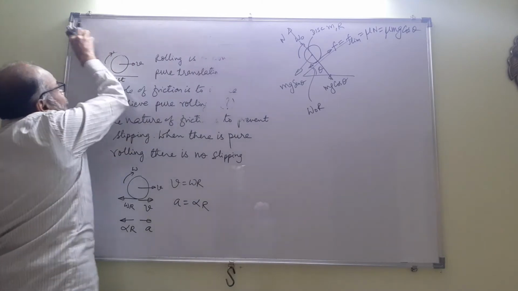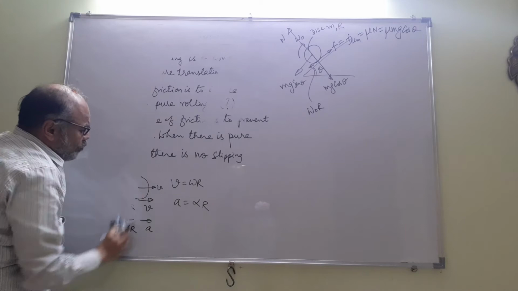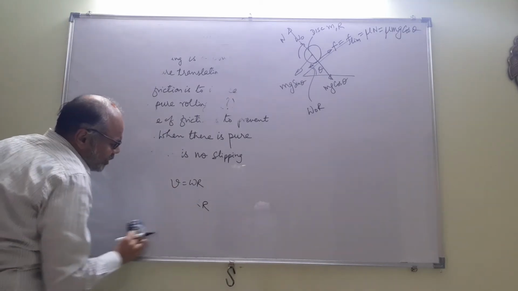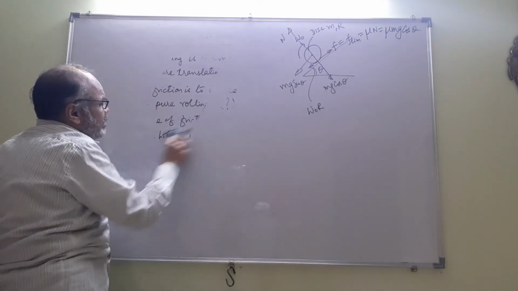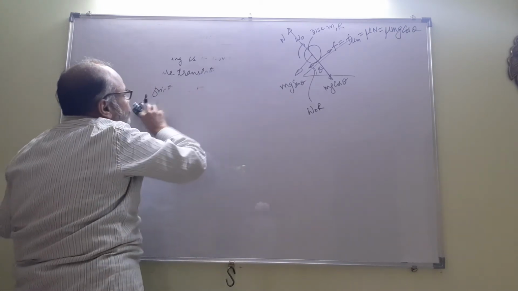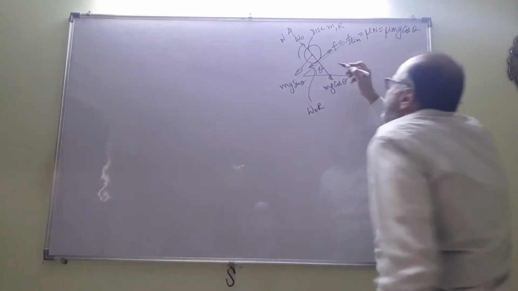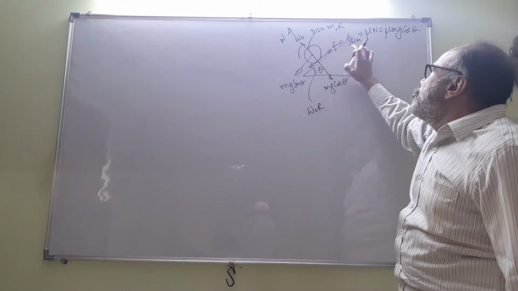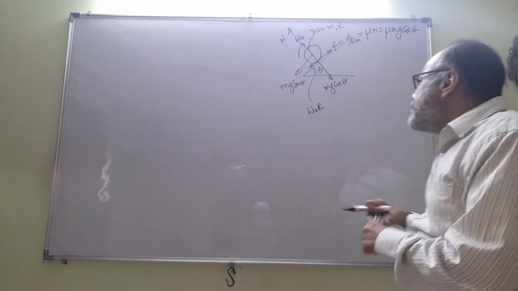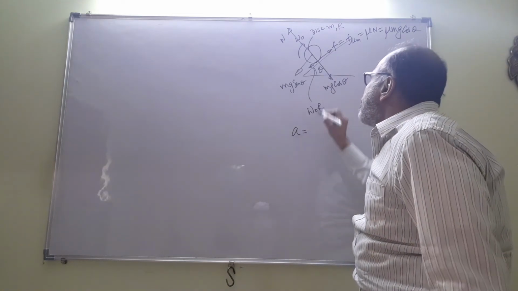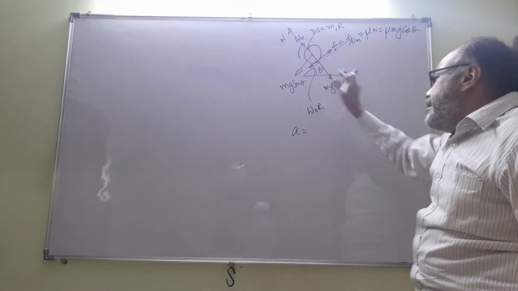So first, to study translation, we treat the entire body to be concentrated at the center of mass, and put all the forces at the center of mass. So now what we are going to find here is that if you put these two forces, frictional force and mg sine theta, on the center of mass, the acceleration of the center of mass will be upward because we are assuming frictional force is greater than mg sine theta.